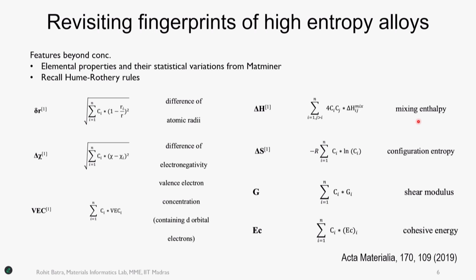So we talked about DFT, but we have CALPHAD also as a thermodynamic model available to us. So you can talk about mixing enthalpy, configurational entropy, shear modulus, bulk modulus. These are the other things you can talk about. So these authors use these as the features.